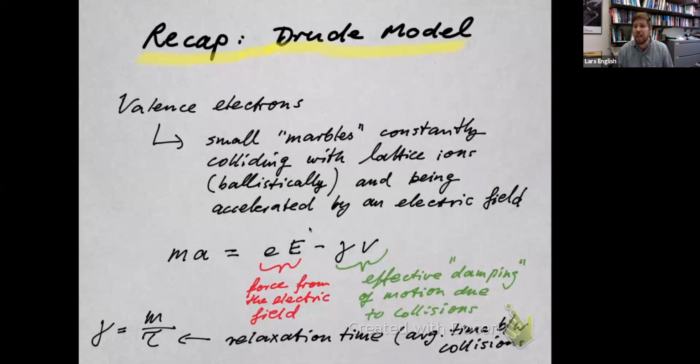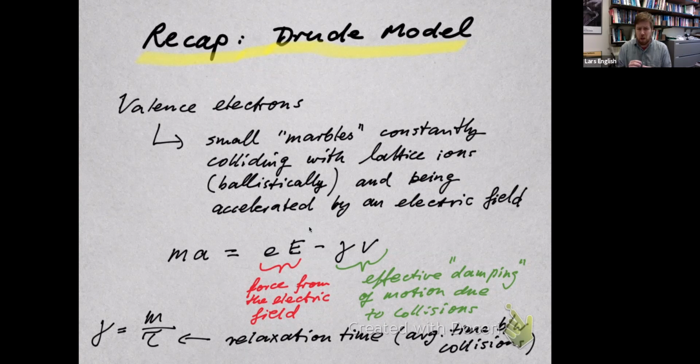We have to remember also that gamma here is the damping coefficient, but it can actually be related to tau, the relaxation time. That relaxation time is basically the average time between successive collisions that an electron would undergo.